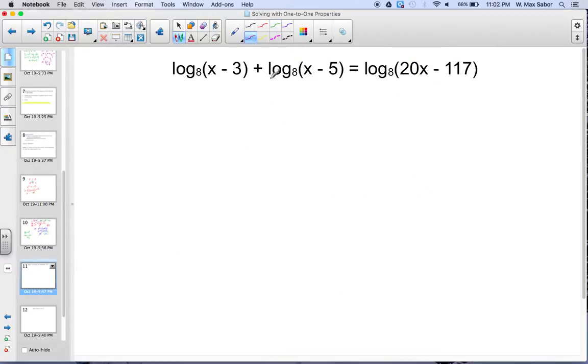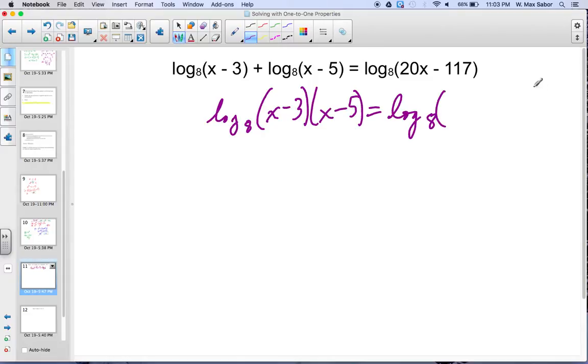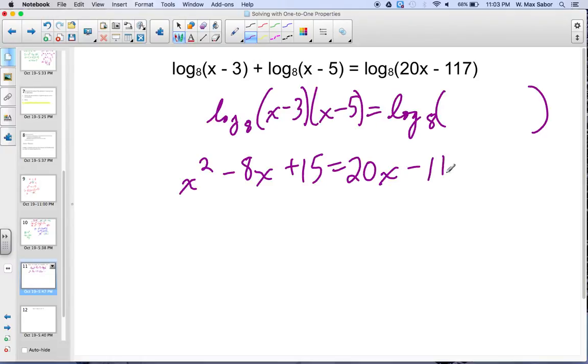Here, using our product rule, we can simplify the left side. So log base 8 of x minus 3, x minus 5. Then we can use our one-to-one property to say that this is x squared minus 8x plus 15 equals that whole input to the right side.